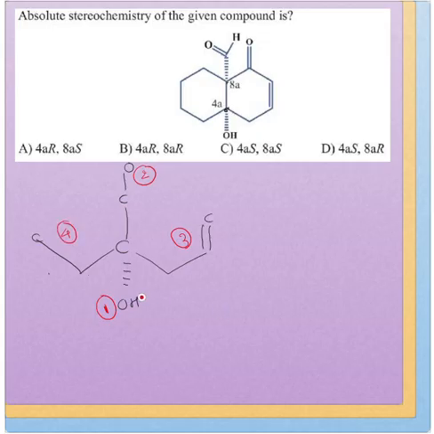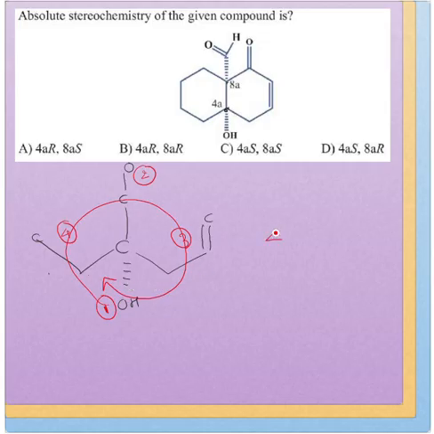Now as I was telling earlier, the fourth priority group below the plane means R remains R, S remains S. But here look at this. The first priority group is below the plane. That means once you do the configuration, you have to reverse it, okay? So what happens now? 1 to 2, 2 to 3, 1 again. How is it going? It is going as R. Therefore, it should reverse.